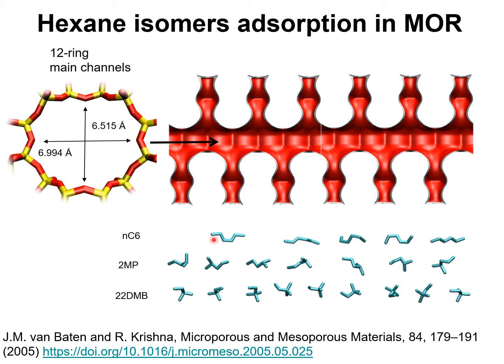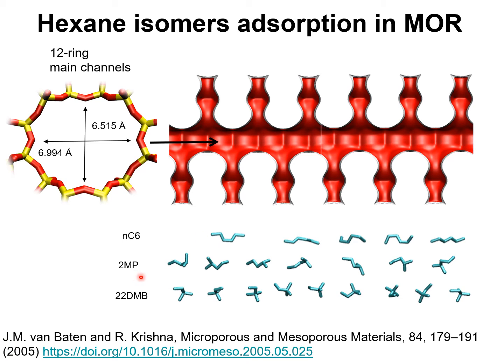Normal hexane has a longer footprint, and within a certain length of mordenite adsorbent, we can locate a total of 1, 2, 3, 4, 5 normal hexane molecules at a certain temperature and pressure conditions in the bulk phase fluid surrounding the mordenite crystals.